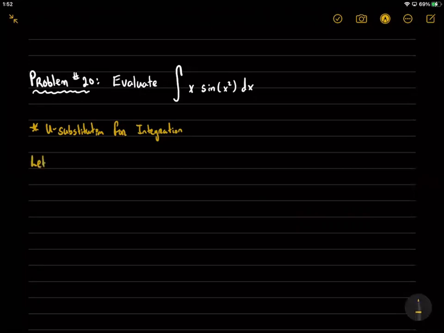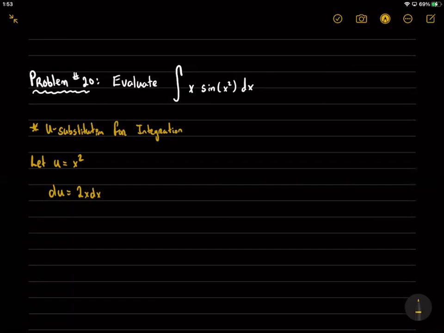So you want to let u equal x squared. Now, if you take the derivative, right, if you try to find du, it's the derivative of x squared times dx. So the derivative of x squared is 2x dx. Now, unfortunately, inside of my integral, I have x dx.